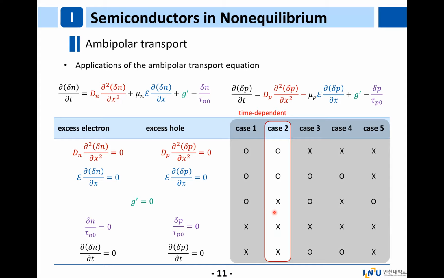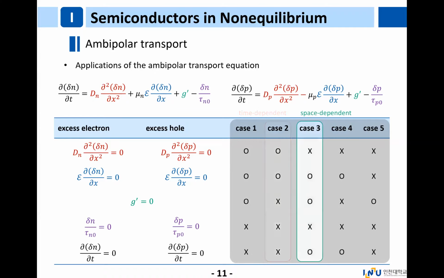Then there are scenarios that involve change in carrier concentration over space. So we focused on the situation where uniform light was applied to a specific point, leading to the diffusion and recombination of excess carriers until reaching a steady state.